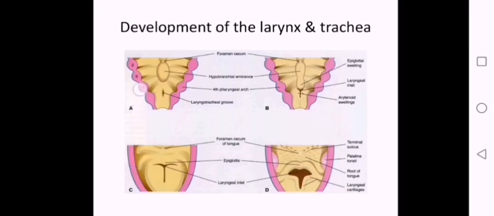So again, the neural crest cells present in the 4th and 6th pharyngeal arches will form the cartilages of the larynx, which means the thyroid, the cricoid, the arytenoid, not the epiglottis, as we mentioned that the epiglottis forms from the hypobranchial eminence or the copula. The other laryngeal cartilages form from the neural crest cells that are present in the 4th and 6th pharyngeal arches.